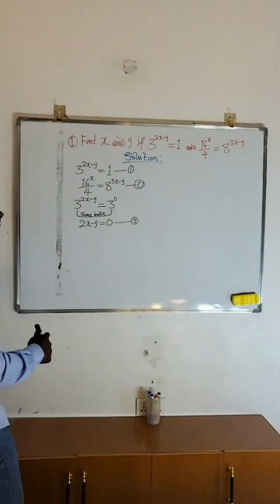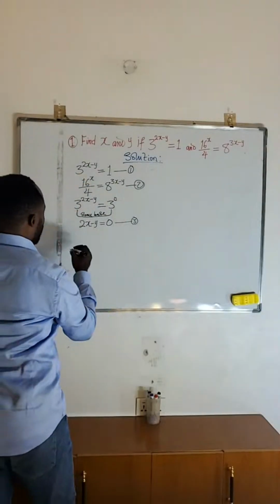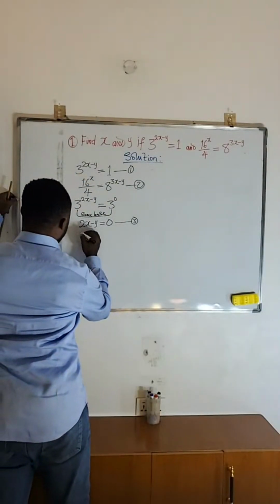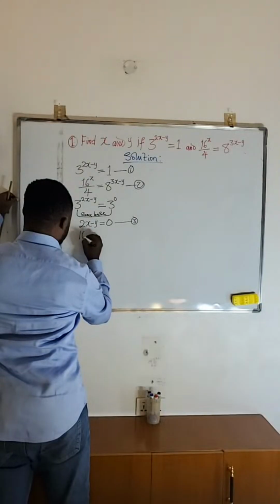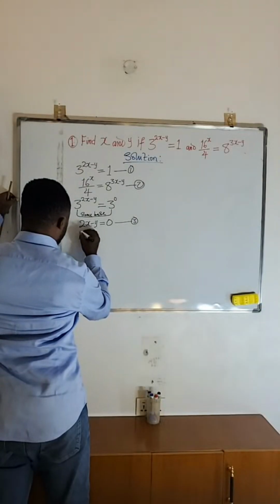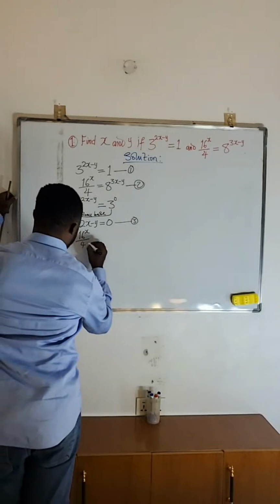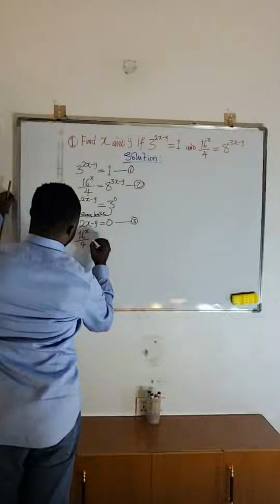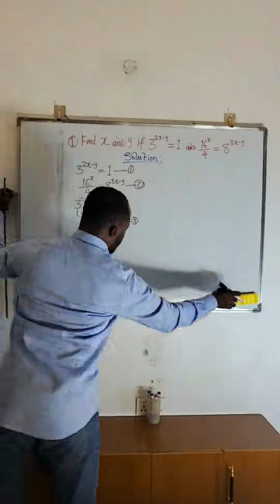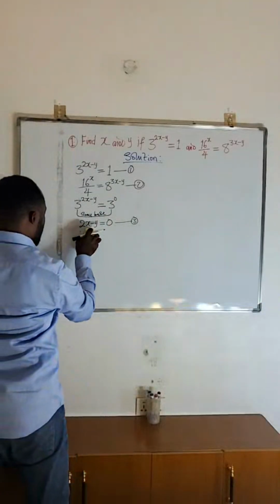So let's do equation 2 together. Equation 2 is 16 raised to the power of x over 4. Let's just solve it from where it is.